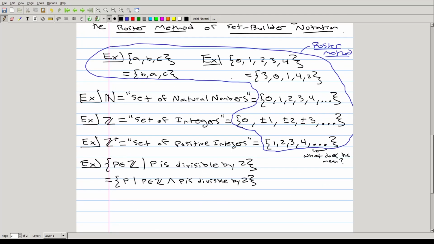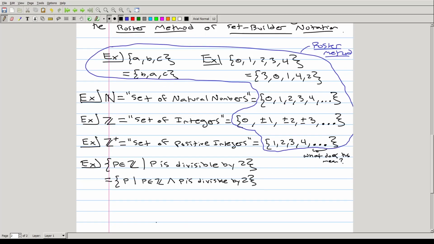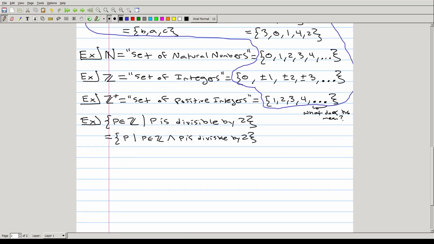This is an example of set builder notation, or the exposition of a set in terms of saying it's the set of elements in some set, or the set of elements that are in some set and satisfy some predicate. And first, this requires defining what it means to be divisible, which we'll get really into when we start talking about the integers and the integer theory.